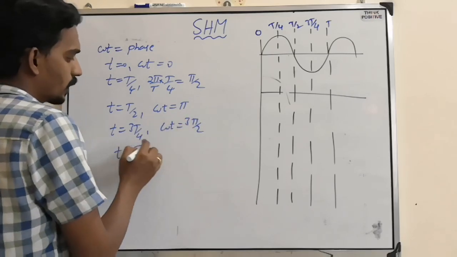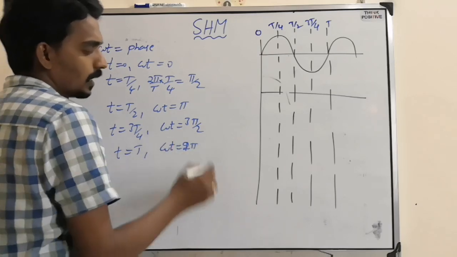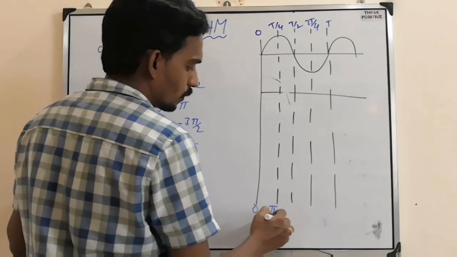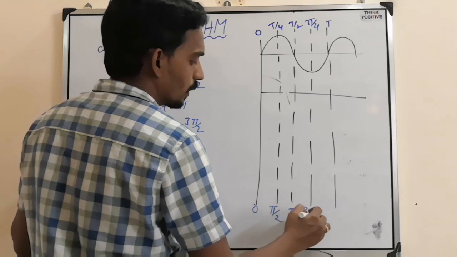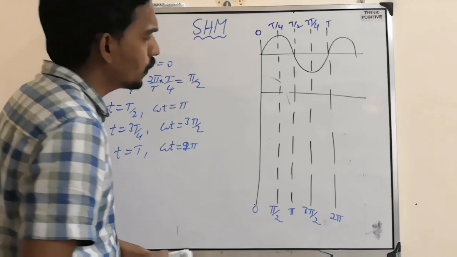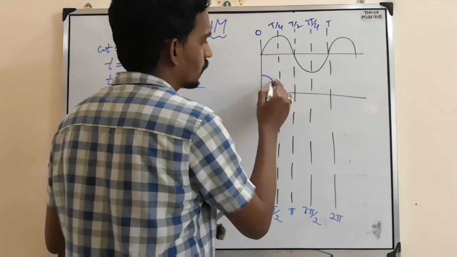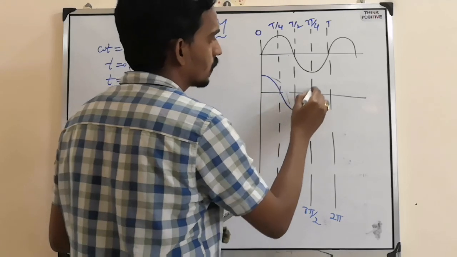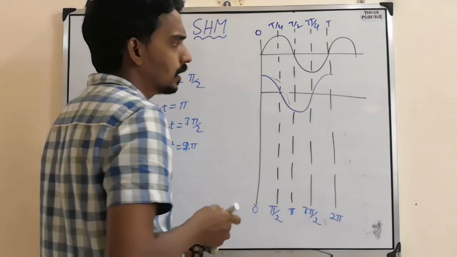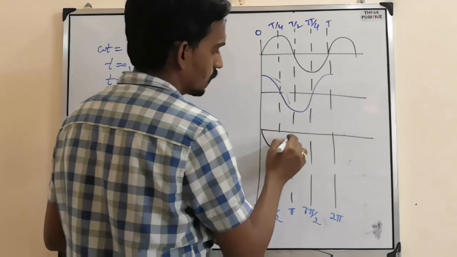Then at t equal to capital T, the phase will become 2 pi. That means 0, pi by 2, pi, 3 pi by 2 and 2 pi. Now if you consider the velocity, the graph looks like this. Or if you consider the acceleration, it will be like this.